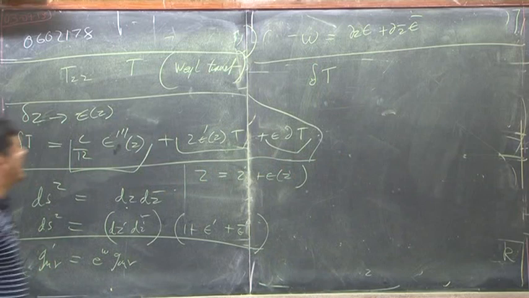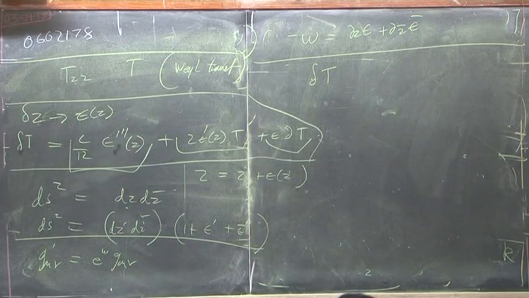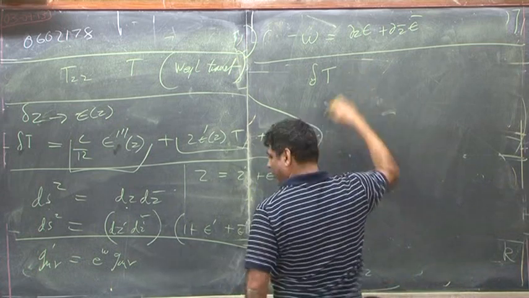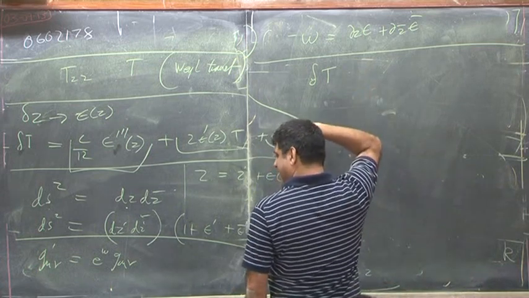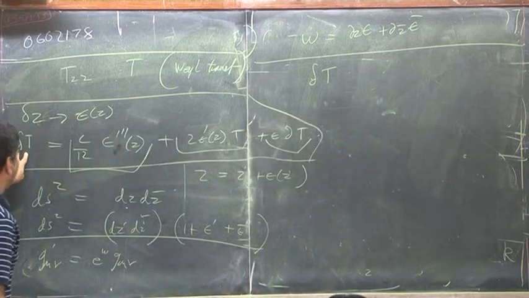is that delta T, at least under a small Weyl transformation starting around flat space, delta T is equal to... Now let's remember what this transformation was.